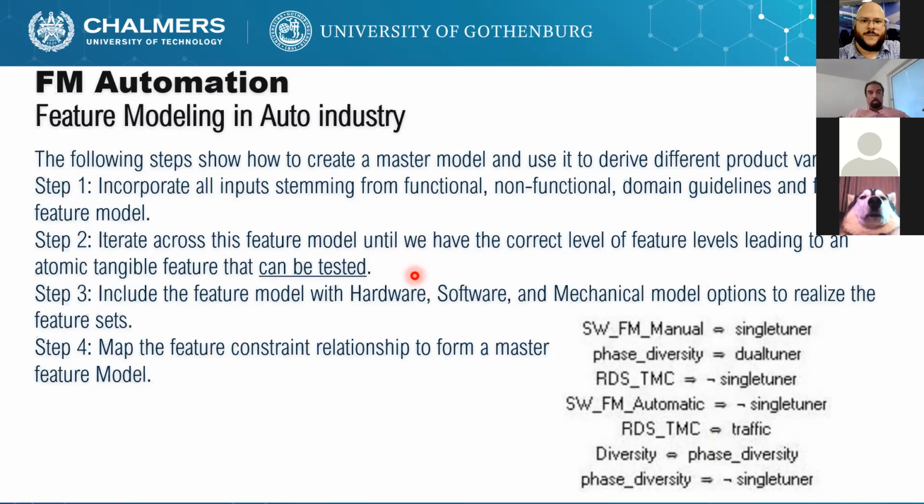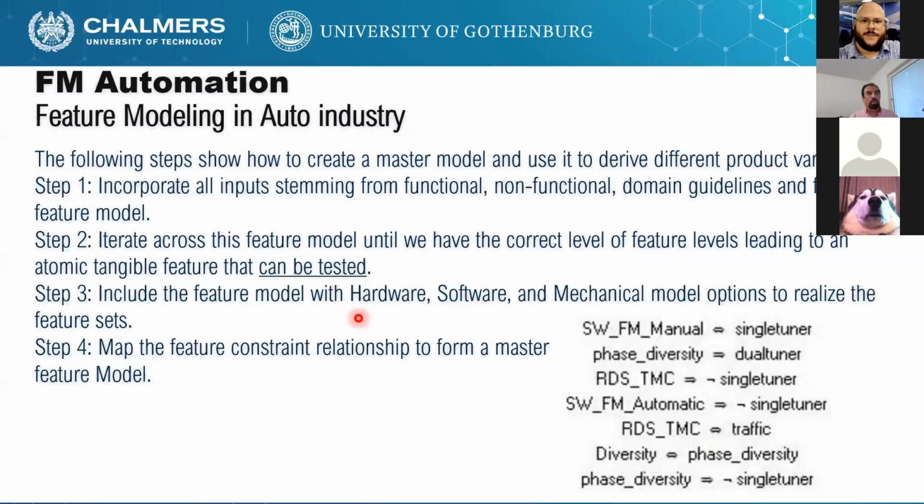You keep doing this process till you reach a level where it is testable. This is our benchmark indication. If you reach a feature that is testable and implementable and simple enough to be understood by the next stages, then you should not drill down further. Because having deeper nested models is going to create a complex feature model that is difficult to manage.